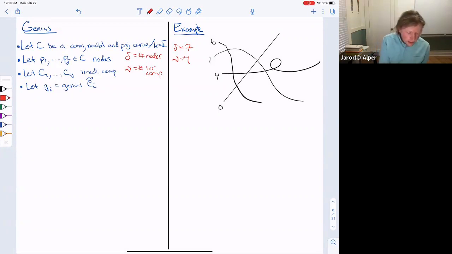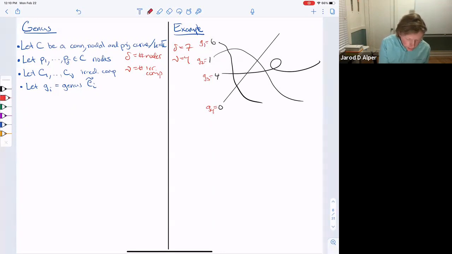And then we let g_i be the genus of the normalization of these components. So in this example, maybe this is g1, g2, g3, and g4. These numbers indicate the geometric genus, the genus of the normalization. And so let's compute now the total genus.